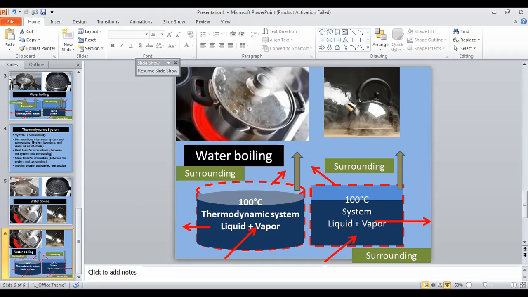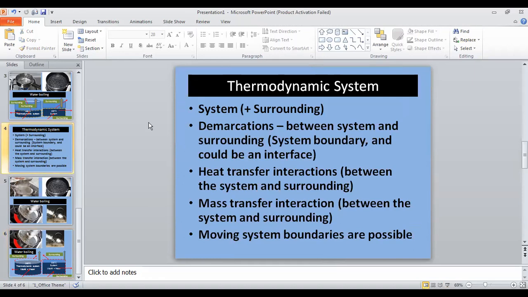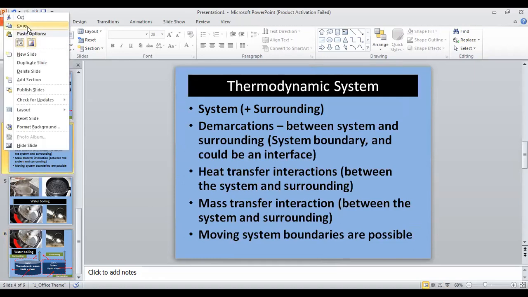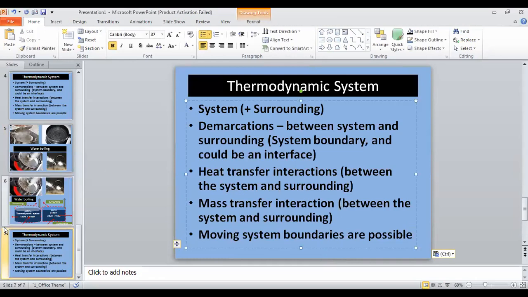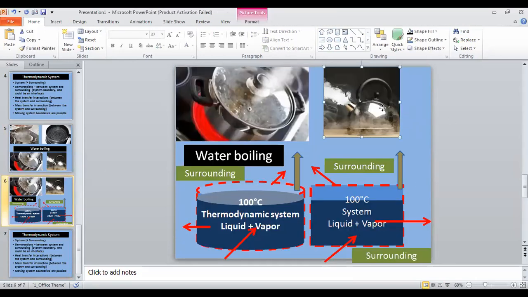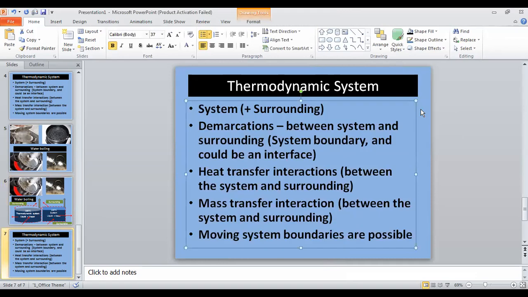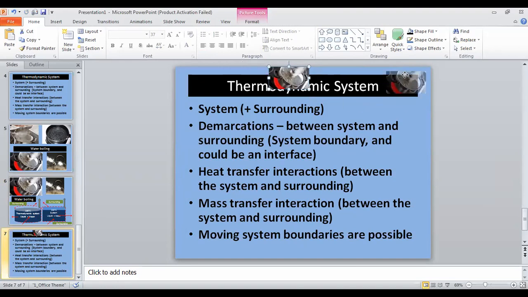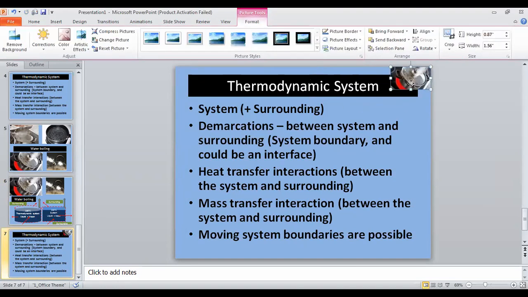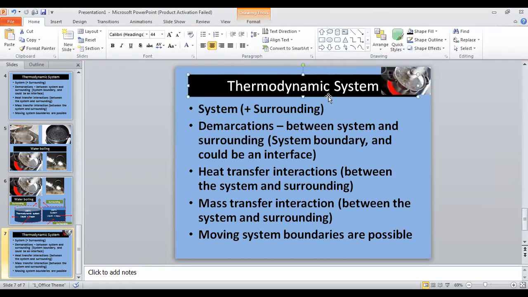So if we look into the same type of writing, for this case, good. System plus surrounding.